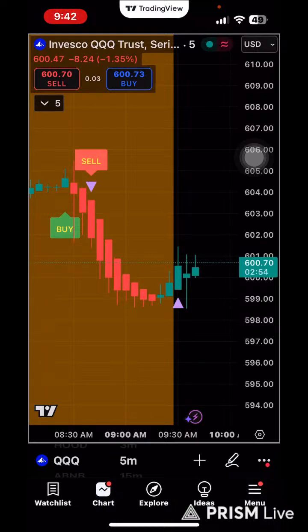So if you don't get into a trade in the first 10 minutes, it gets cheaper and cheaper throughout the day.